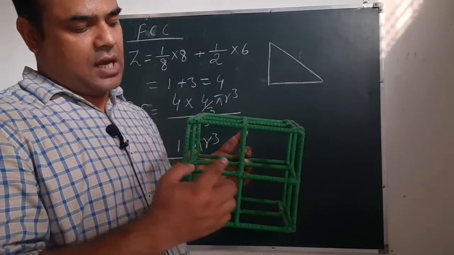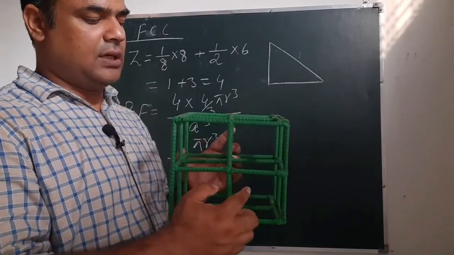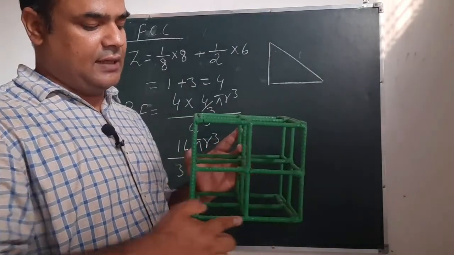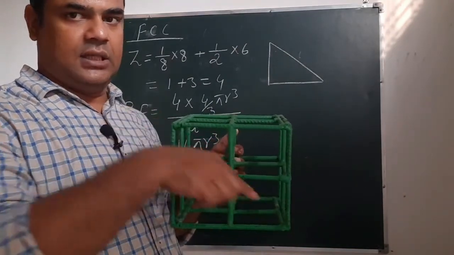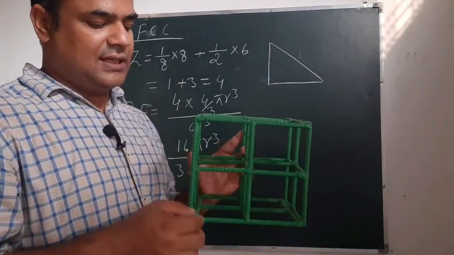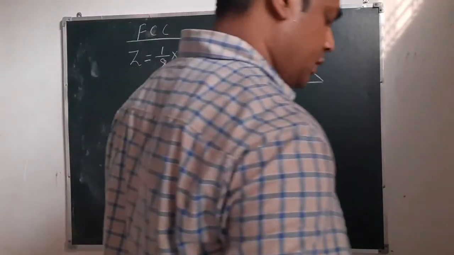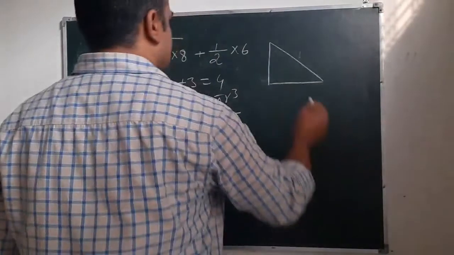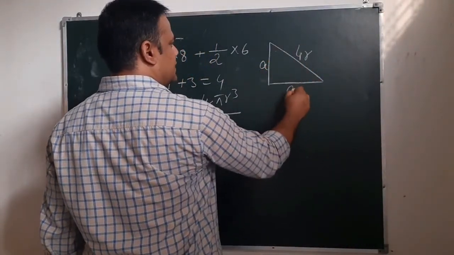So you can see the total will be R plus 2R plus R, 4R, and here we have 2 edge lengths. If we have to find this diagonal, we need this edge length and this edge length. So we'll draw the two-dimensional structure. This total will be 4R and this one is edge length a, edge length a.